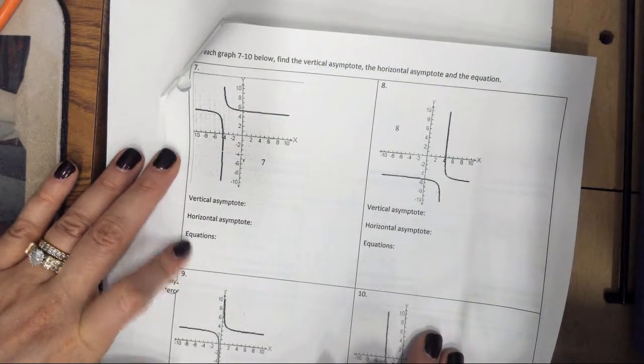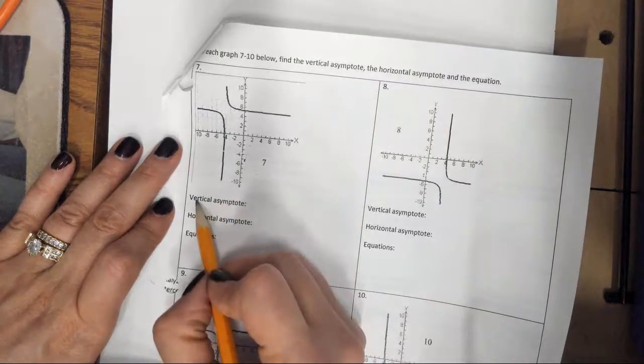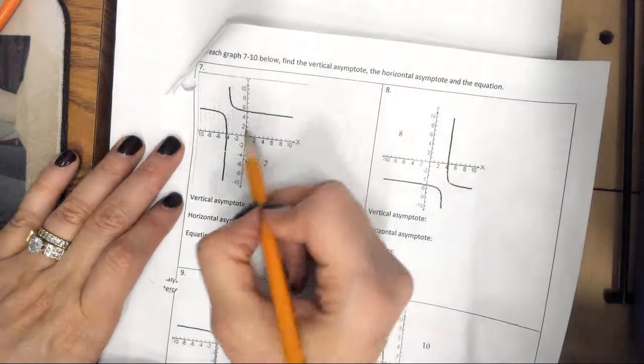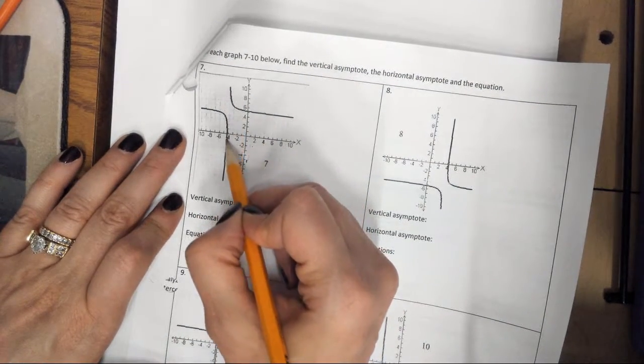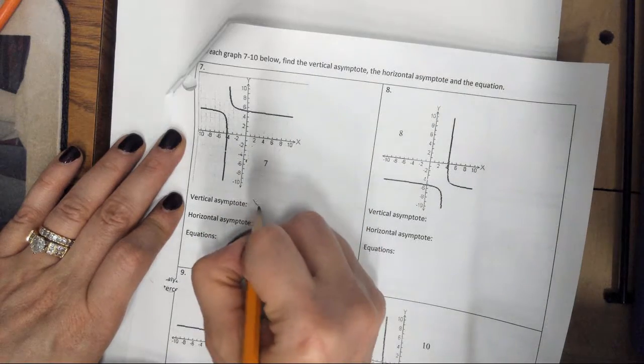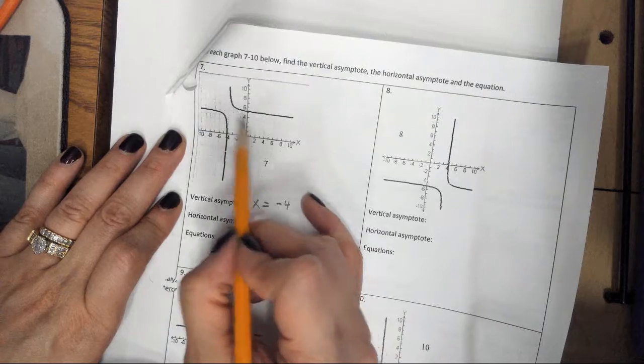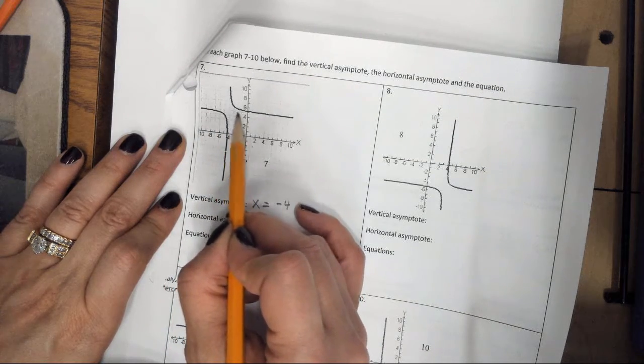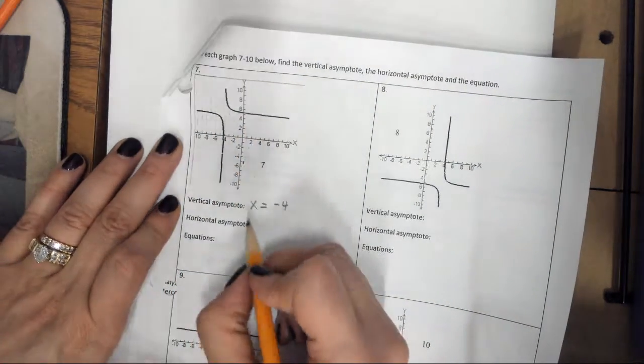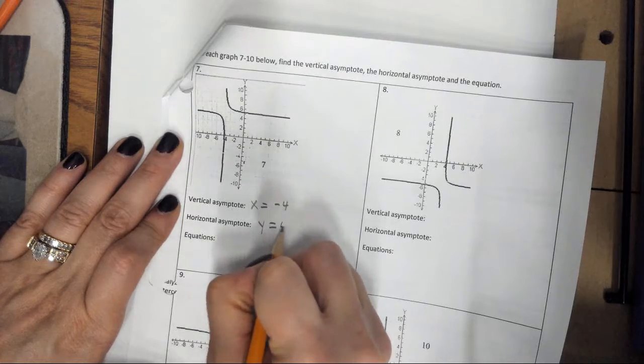Now suppose they give me the graph, like in number 7, and we want to write the equation. Let's recognize where the vertical asymptote is. It looks like x equals negative 4. And the horizontal asymptote looks like y equals 4.